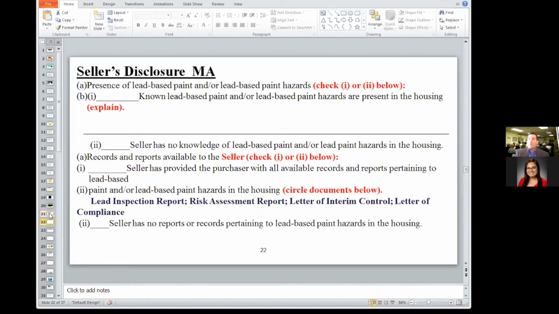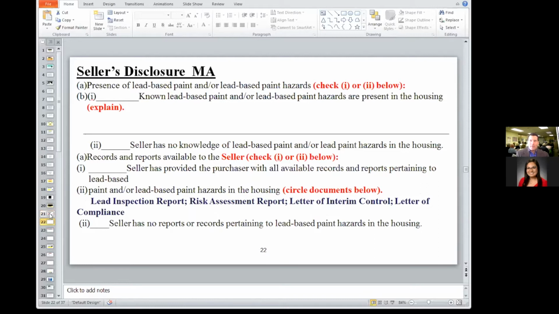Now, on the very top of that form, the first section you start filling out is the seller. So the listing agent gives the form to the seller, and the seller answers some questions. You could go over it with them: hey, Mary Beth, the presence of lead-based paint or lead-based paint hazards, do you know of it?